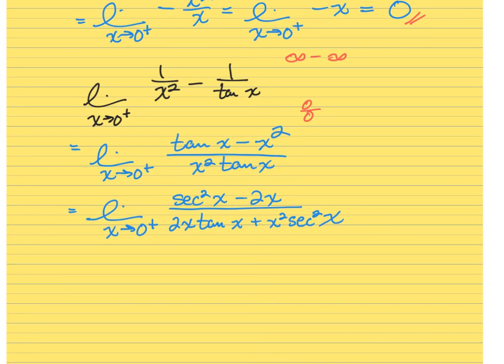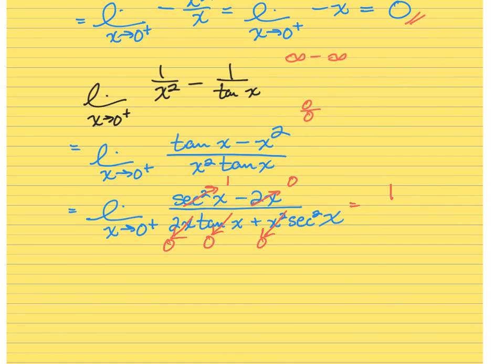Okay, so now let's imagine x is going to 0. What are these things going to? Well, secant is going to 1. So I'll write these in as we go. Secant is going to 1, and this is going to 0. So all told, the top is going to 1. How about the bottom? Well, this is going to 0, this is going to 0, so that's going to 0.